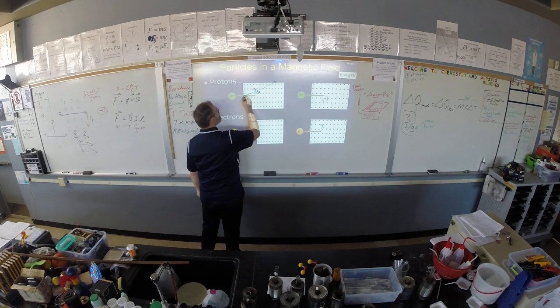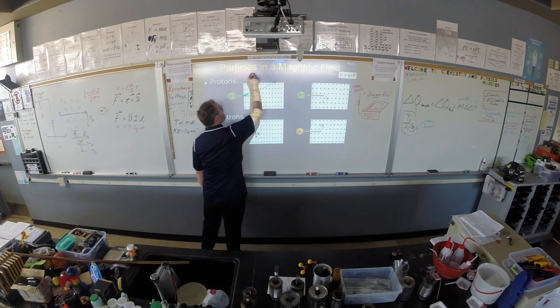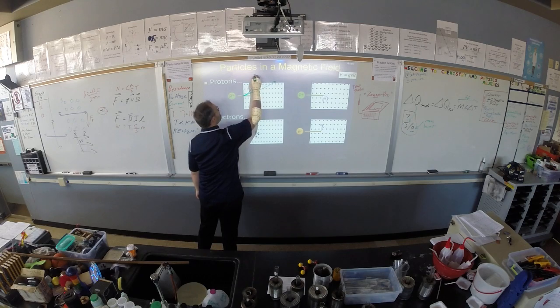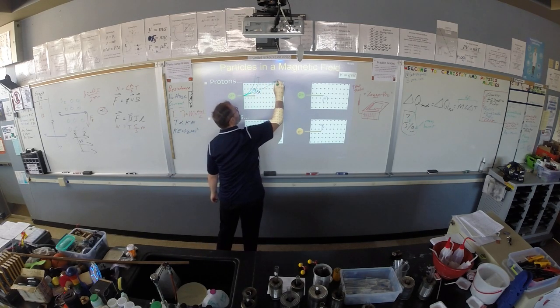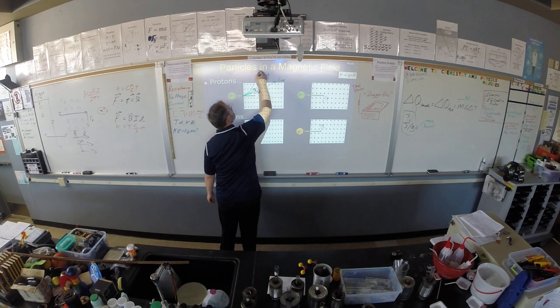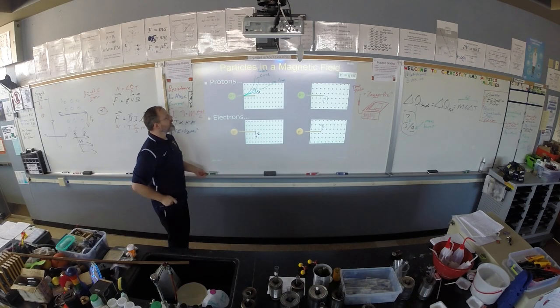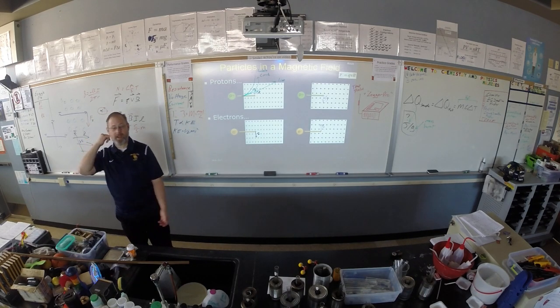Is it going to get pushed in a parabola? Or is it going to get pushed in a circle? So it's going to be line, circle, or parabola. Talk with your neighbor. What are you going to get? A parabola, a line, or a circle?